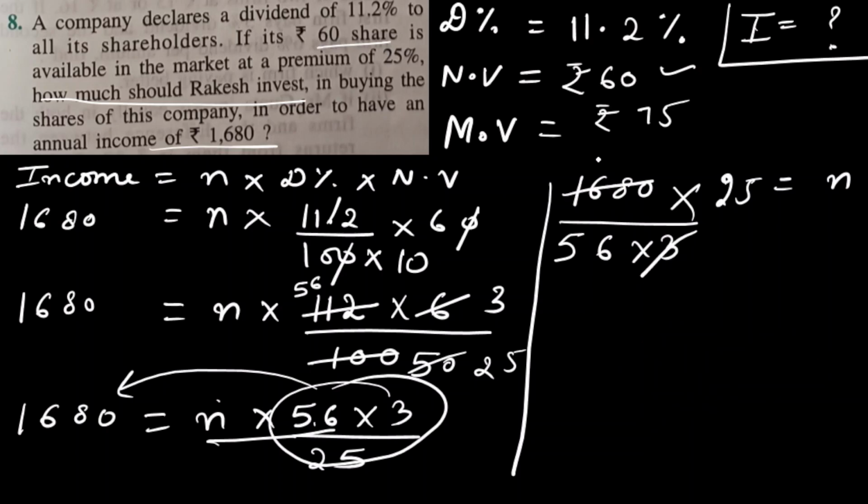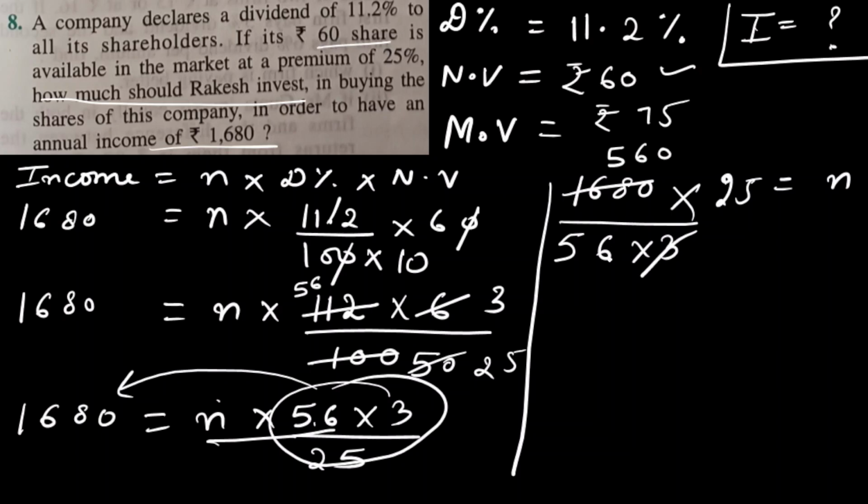So 3 into 1, 3 into 5 is 15, 3 into 6 is 18, then 0. It's always better to check before doing cancellation. Like here 3 was there. Why do I check? So that I should be very clear that this number is divisible by 3, right?